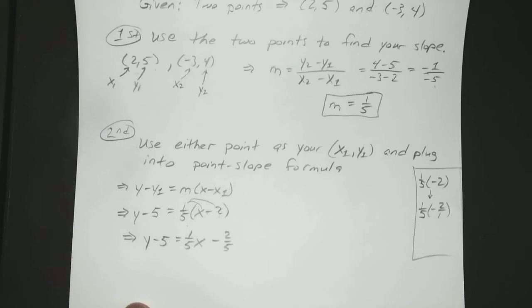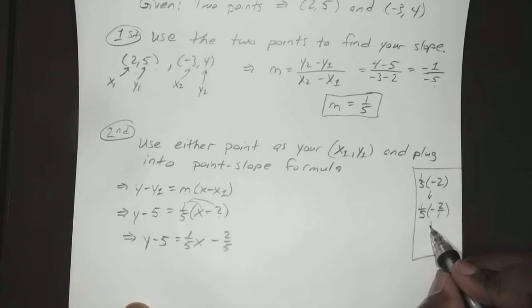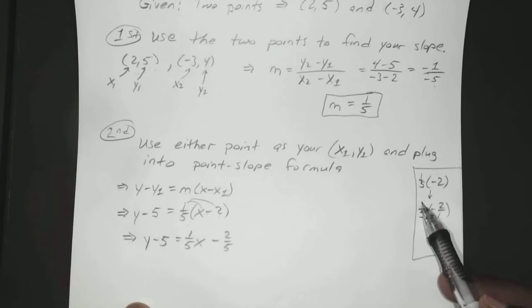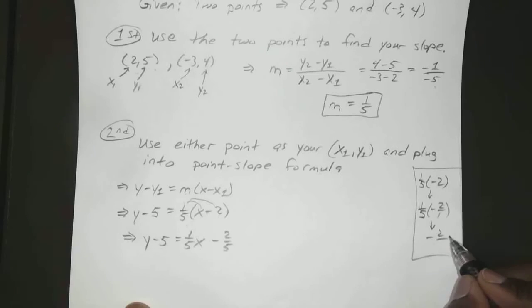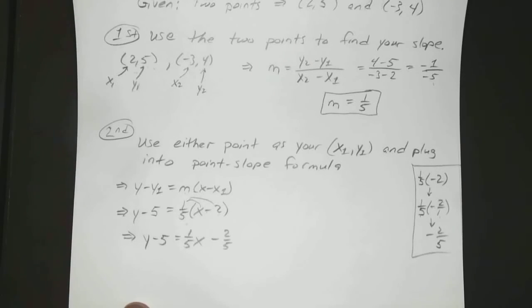Okay. So if you converted that, then negative and positive is just going to be negative. 1 times 2 is 2, and 5 times 1 is 5. Right. Or a lot of times, if you multiply a fraction times a whole number, you can just take that whole number and put it up top.